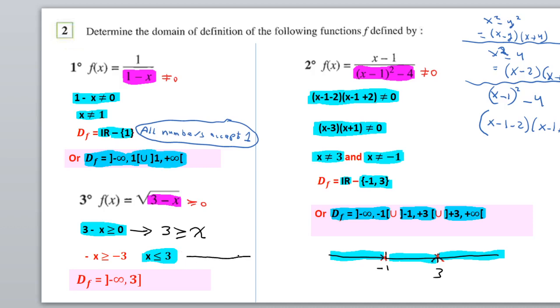On the number line, 3 is accepted, everything less than 3 is allowed. So the domain of definition is minus infinity, comma 3, closed, since x is less or equal to 3, it could equal 3.